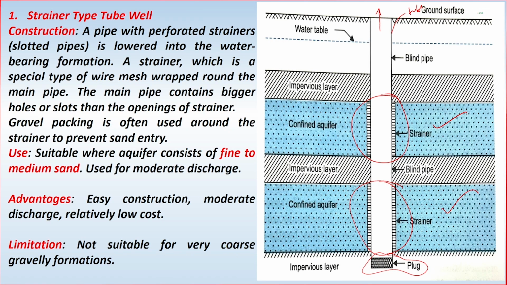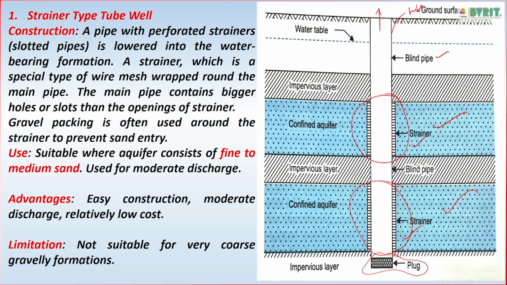Kindly remember, in the case of a strainer well, a number of strainers are used depending upon the deposits of water in terms of aquifers at different depths in the earth's crust. At all those places we keep these strainers, and the remaining pipe portion is a blind pipe. A blind pipe is just a pipe, whereas a strainer pipe is a pipe having holes on the periphery.